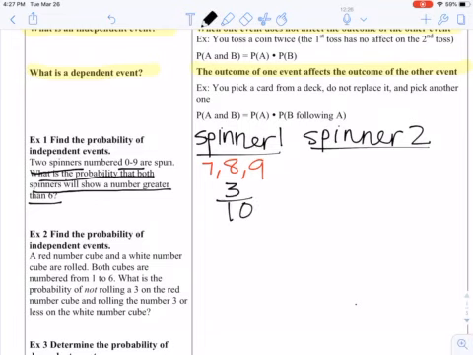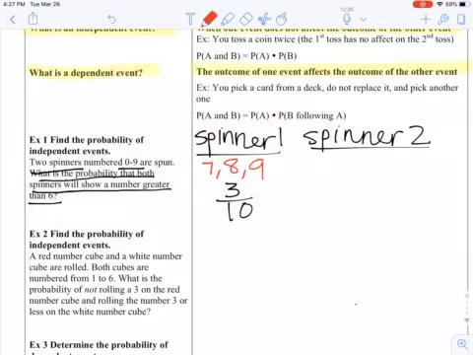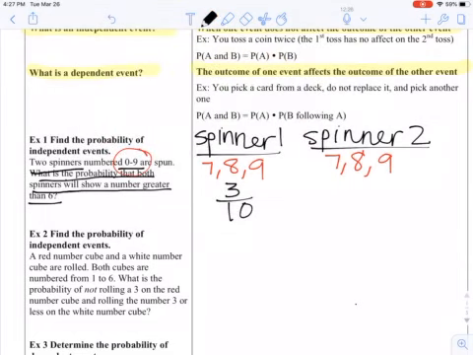So the probability of getting a number bigger than 6 is going to be 3 out of 10. Now, on spinner 2, it also is numbered from 0 to 9. So 7, 8, and 9 are also going to be greater than 6. So the probability of getting a number greater than 6 on spinner 2 is also going to be 3 out of 10. And just like we've been doing, we're going to be multiplying these together.